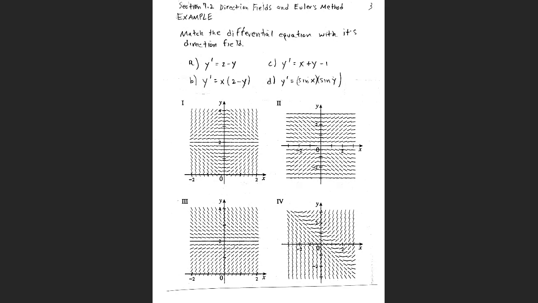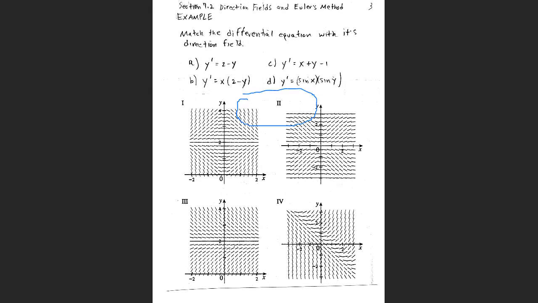Well, let me see here, actually. That sounds right. Let's see if we can, and you can zoom if you need to on the right. So y prime equals 2y.